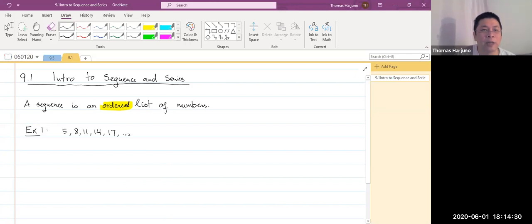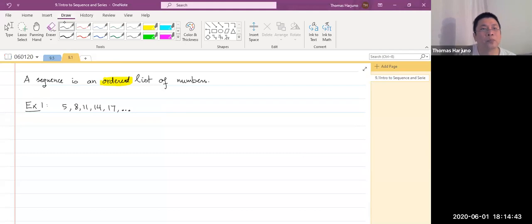If I use an ellipsis like this, it means it goes on indefinitely. In notation, the first term is usually denoted by a subscript 1, the second term by a subscript 2, the third term by a subscript 3, and on.